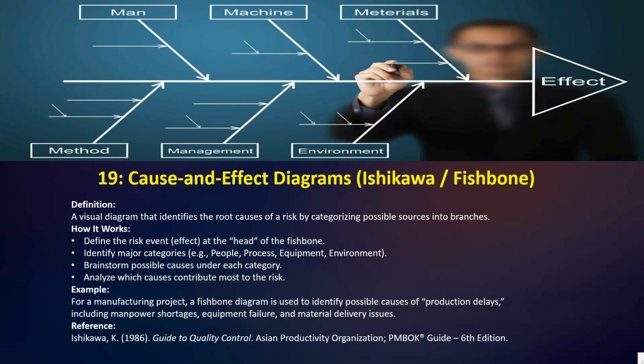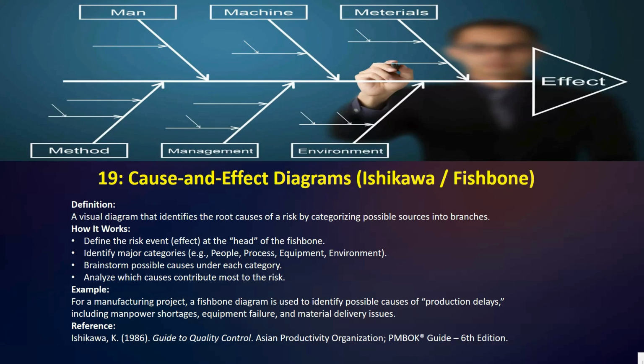So first, we will draw a diagram that looks like a fish skeleton. The head of the fish is the problem or risk. The bones, I mean, the branches, represent major categories of causes like people, process, equipment, and environment.